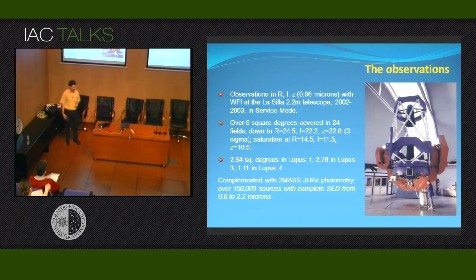But if you have observations of so many sources, in fact somewhat over 1 million sources observed in RIZ, and you can combine that not only with the Spitzer, but also with other surveys like the 2MASS All-Sky Survey, you can get for a lot of sources, in fact over 150,000 considering all the sources covered in our survey, spectral energy distributions that go from 0.6 microns, the R band, all the way up to 2.2 microns.